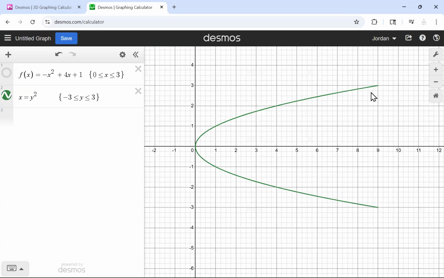The graph of this parabola, like I said, is a parabola pointing right. The vertex is at the origin. Notice that if we measure the length going from the bottom, y value of -3, all the way up to 0, we definitely have to go 9 plus a little bit extra.